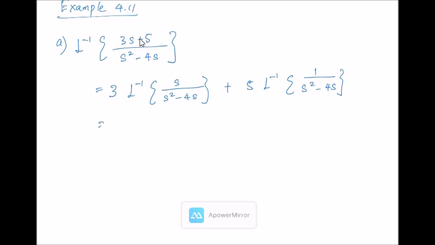And then since it's s squared minus 4s, I take out the s so that it can cancel with the s at the numerator here. So I have 3 inverse Laplace s over s minus 4 plus 5 inverse Laplace 1 over s squared minus 4s.